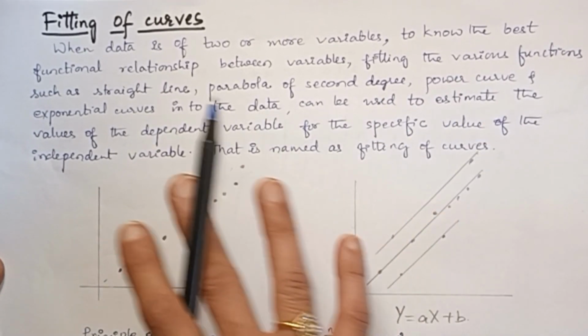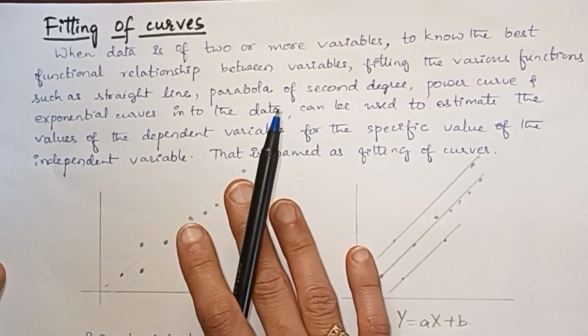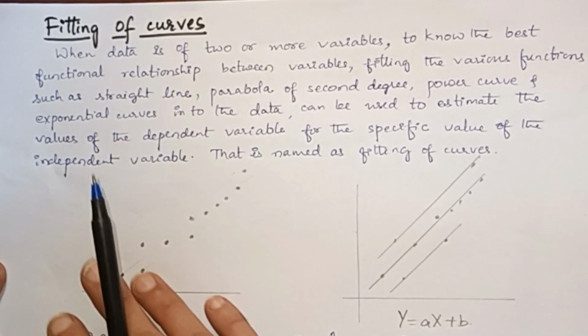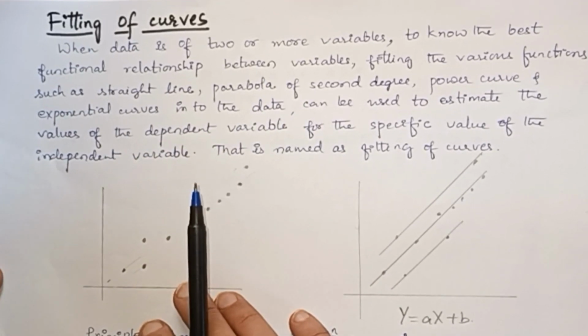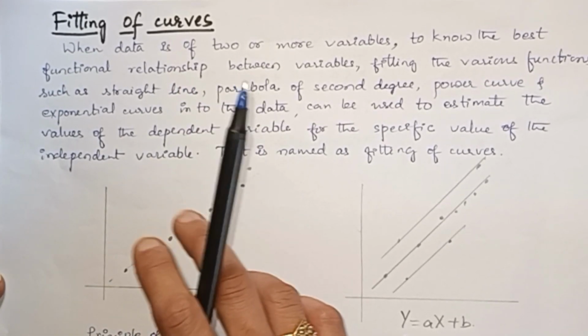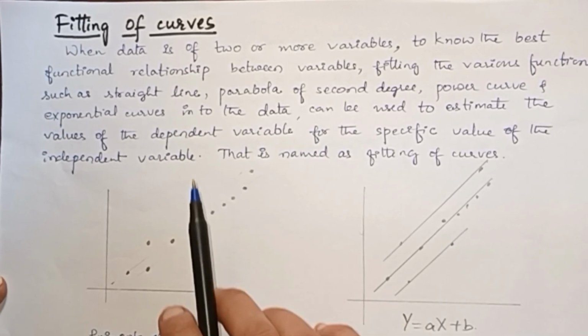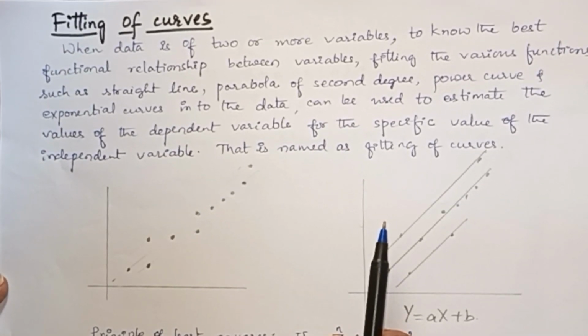Means you have a set of data. There are data points, meaning for one value of x, there will be a corresponding value of y. Then that data is represented using a particular function, meaning you have to get the functional relationship between the data points.